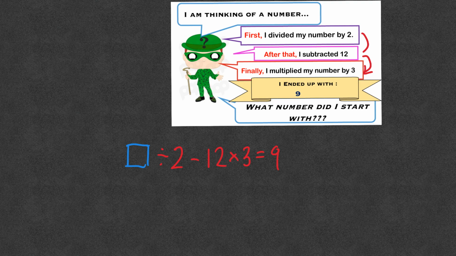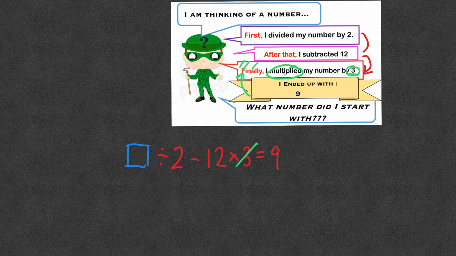Okay? So what we are going to do is work step by step with the inverse to get rid of each part. So here, finally we multiplied the number by 3. We just need to change it into the opposite, and we're going to keep the same operation.